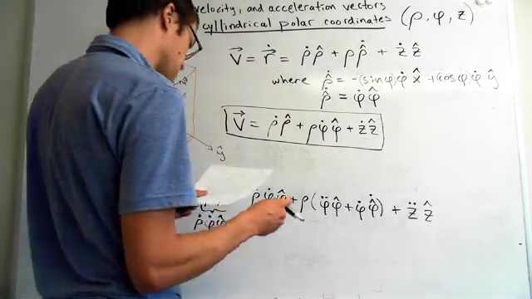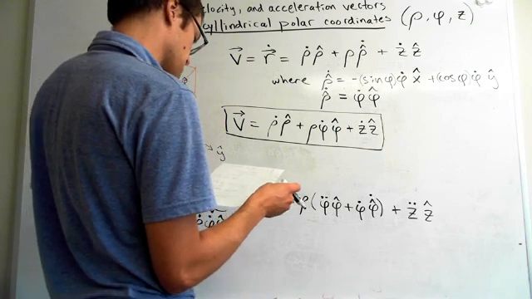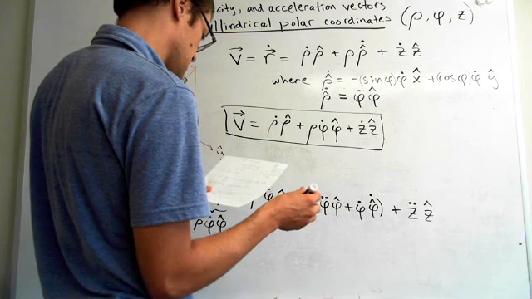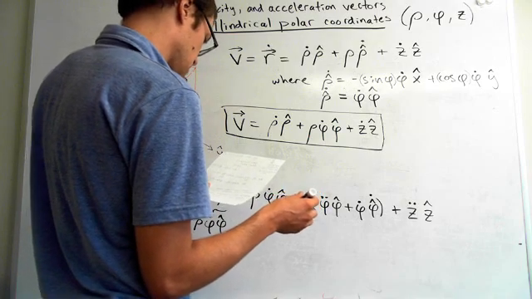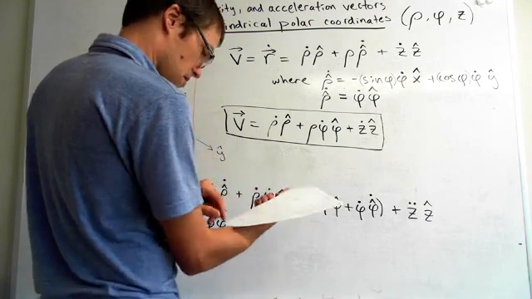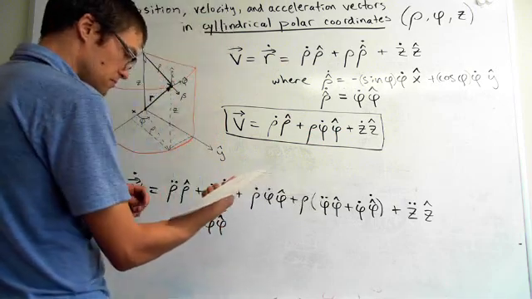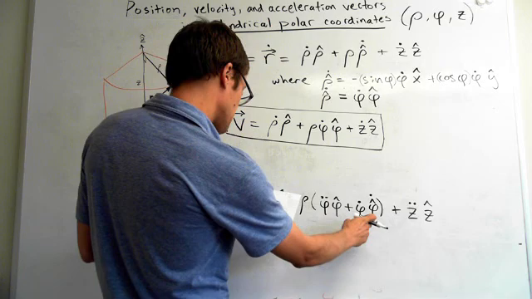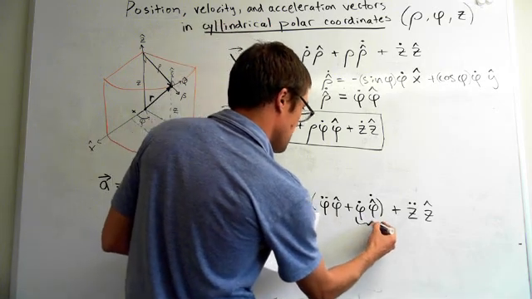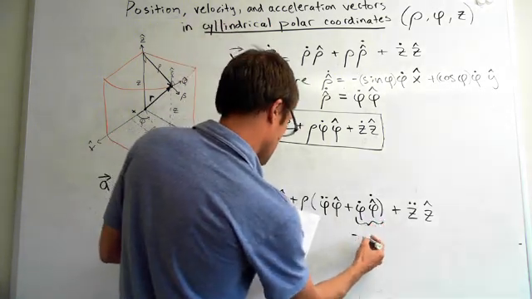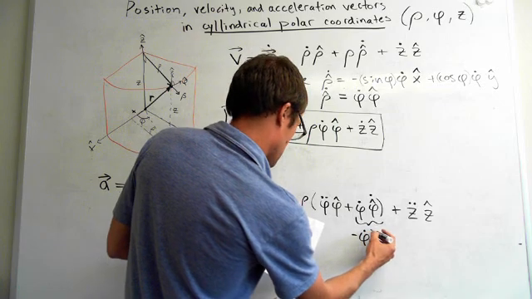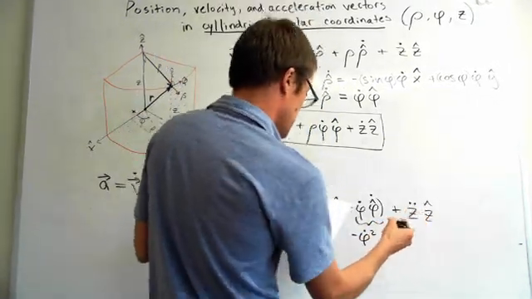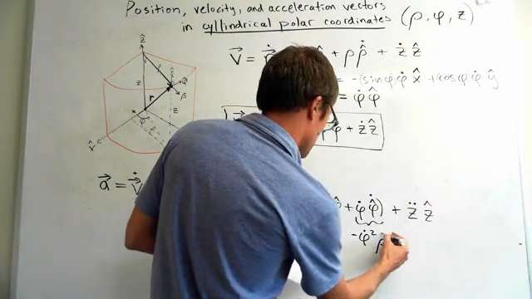Now, what is the time derivative of this guy? This guy we can rewrite as minus phi dot squared rho hat.